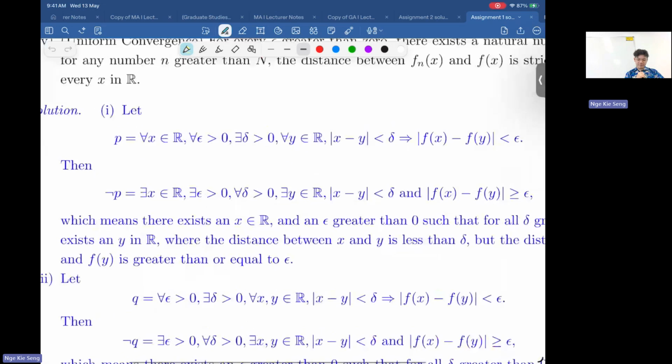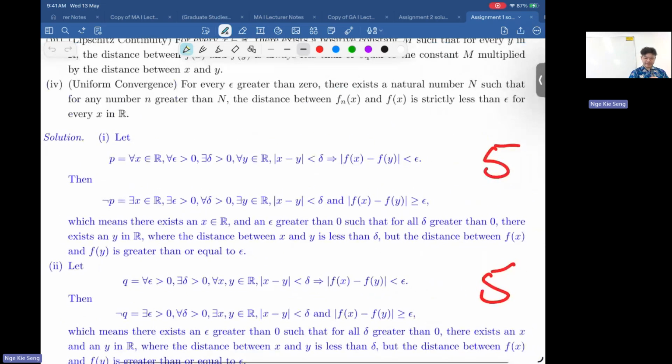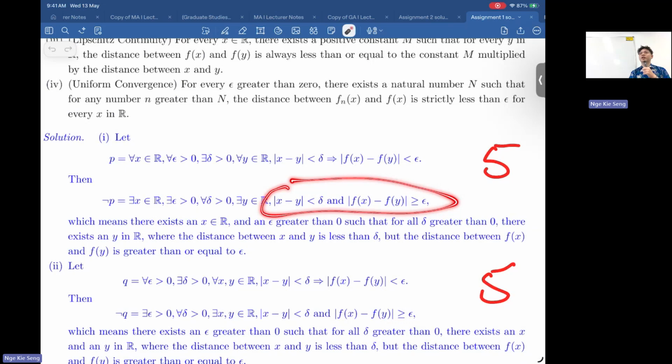But funny thing about some people is they don't translate this into English. They just keep the symbols and say such that blah blah blah. It's not false. But in this course, I try to make you as precise and detailed as possible.